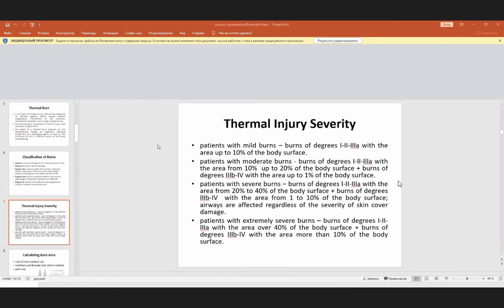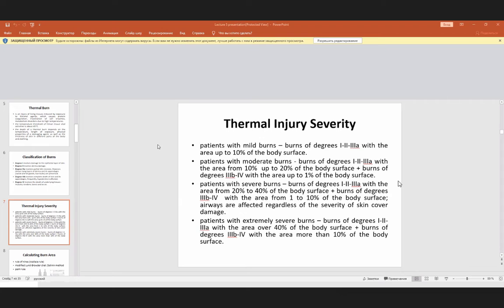Patients with severe burns of degrees 1 to 3A, with an area from 20% to 40% of the body surface, plus burns of degrees 3B and 4, with an area from 1 to 10% of the body surface. Always the affected, regardless of the severity of skin cover damage.